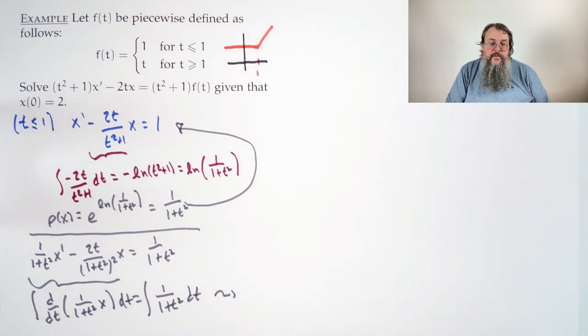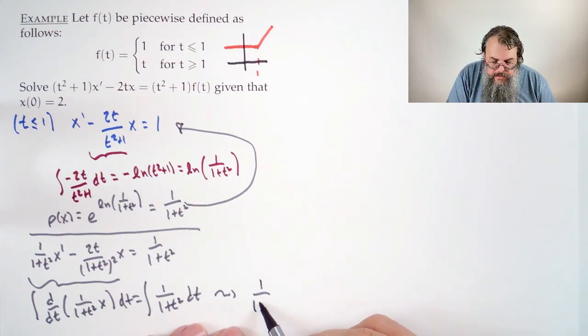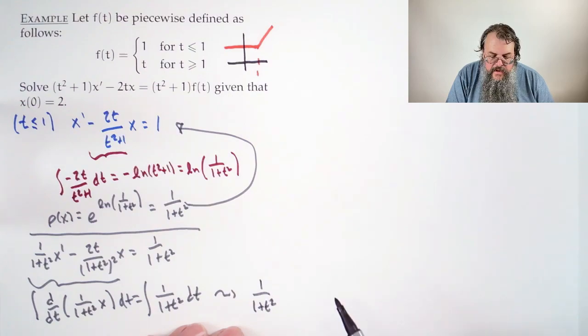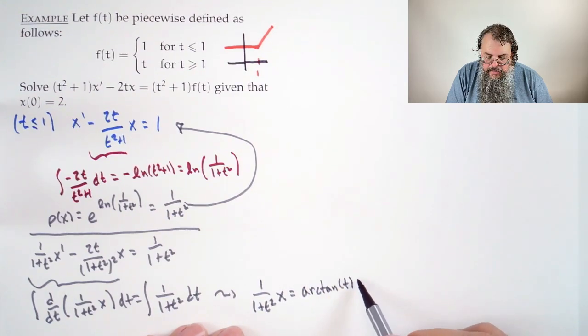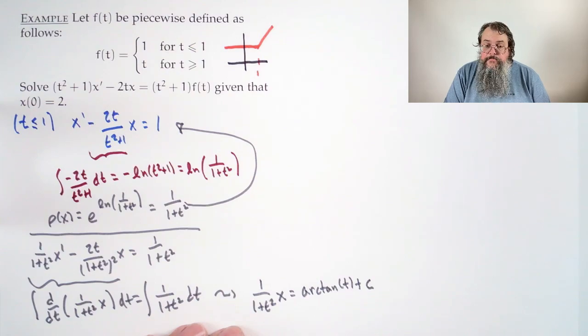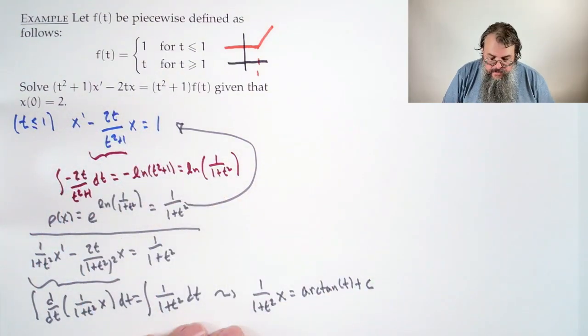and what will that give us? Well, on the left-hand side, we have 1 over 1 plus t squared times x equals, over here, arctangent of t plus some constant c. And we're told x of 0 equals 2.